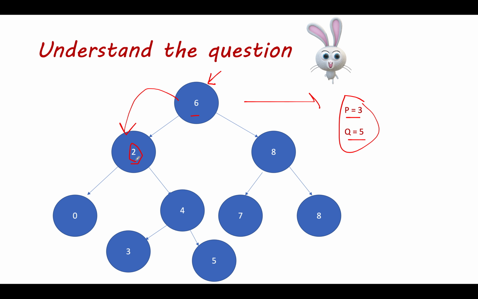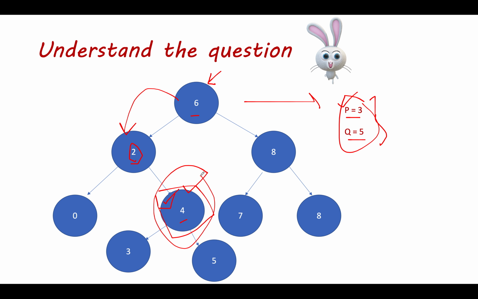So 2 is lower than both these nodes. So you'll move towards the right. So next we have 4, and you see 4 is within the range of 3 comma 5, the nodes that were given to us. That means it is the lowest common ancestor of these two nodes.